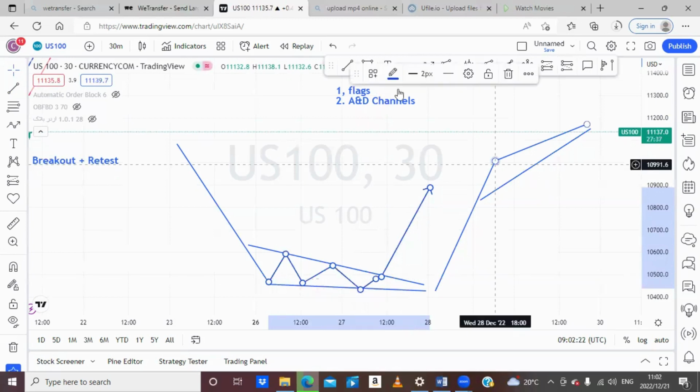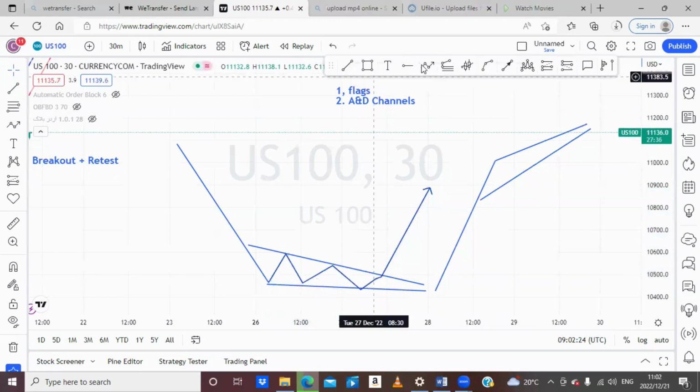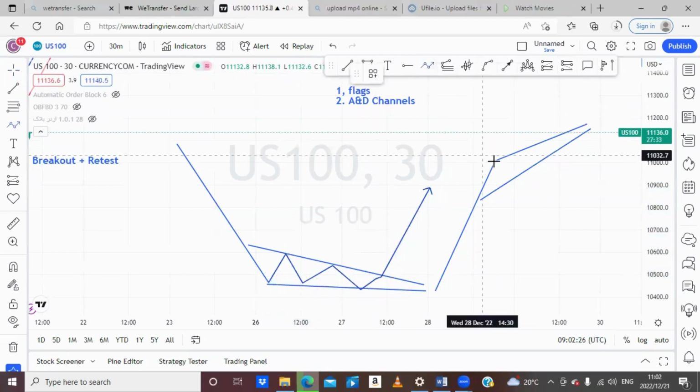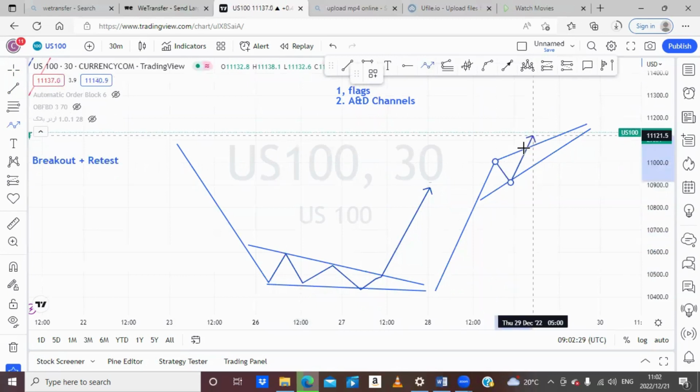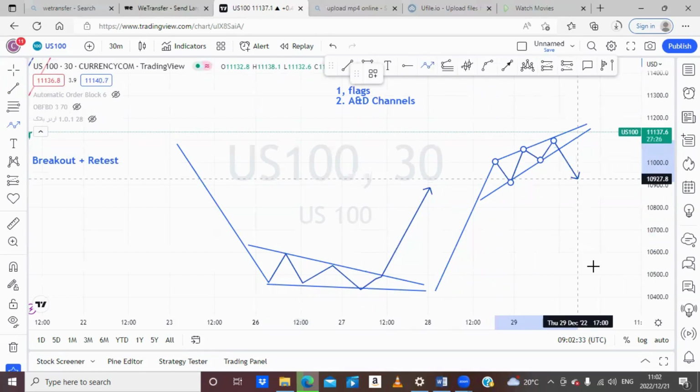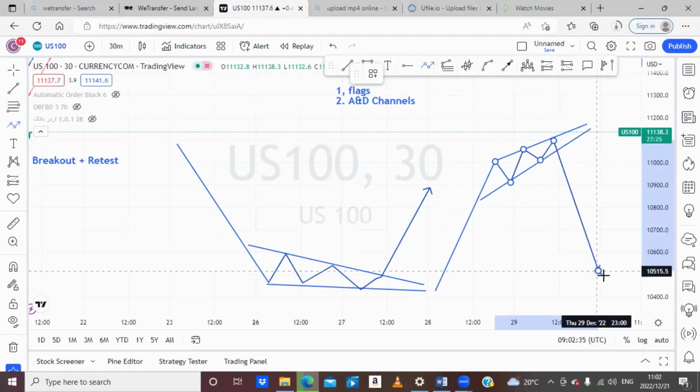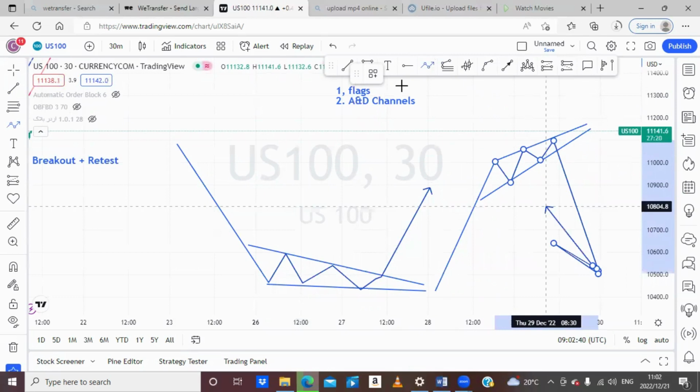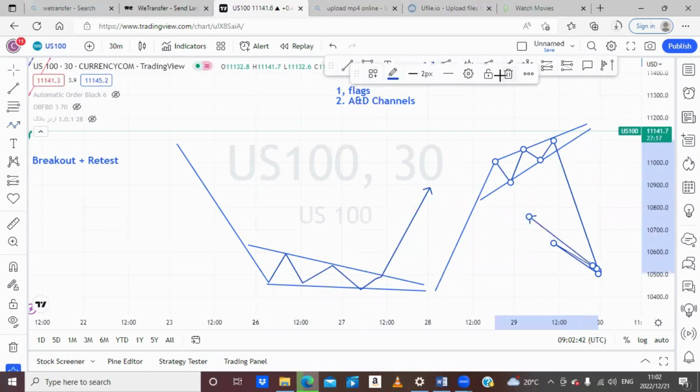So these flags are known for reversals. They are known for reversals.